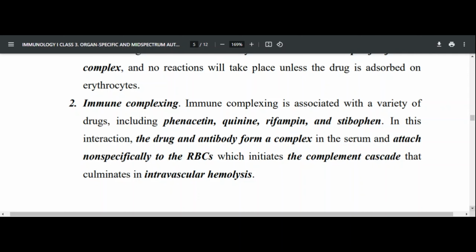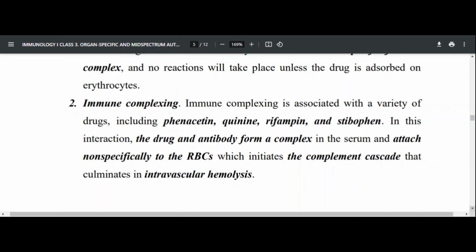So what will happen when you take, for example, quinine or rifampin? These are antimicrobial drugs, or antibiotics. But when you take, for example, rifampin, it is going to complex with specific antibodies to this rifampin. This is an antibody produced because of rifampin in the blood. So this antibody is going to complex with the rifampin.